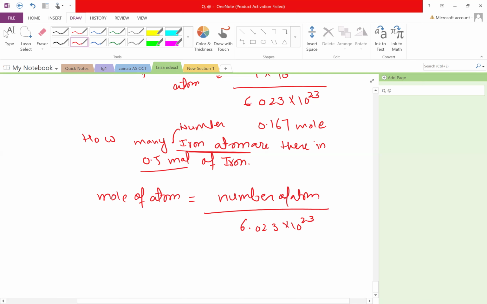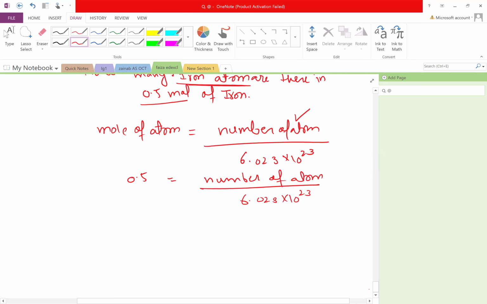We are given the moles and we have to calculate the number of atoms. So 0.5 is equal to number of atoms divided by 6.023 into 10 raised to power 23, which means we multiply 0.5 into 6.023 into 10 raised to power 23. This will be the number of atoms.